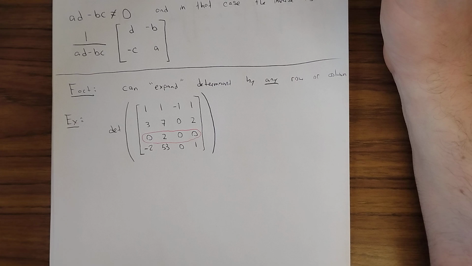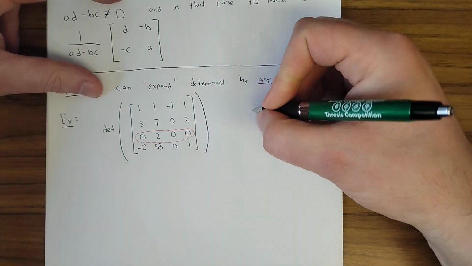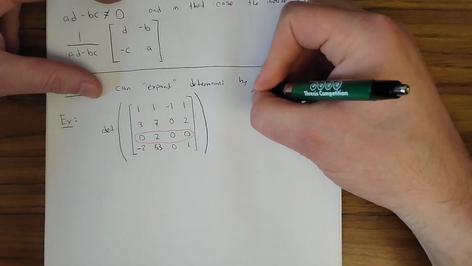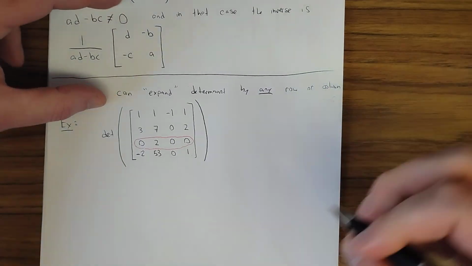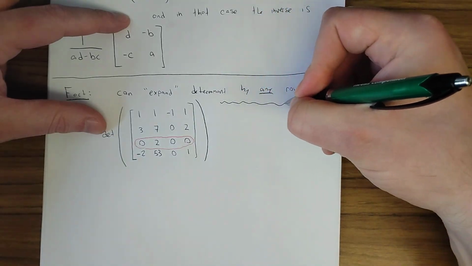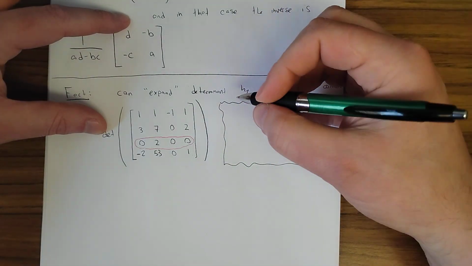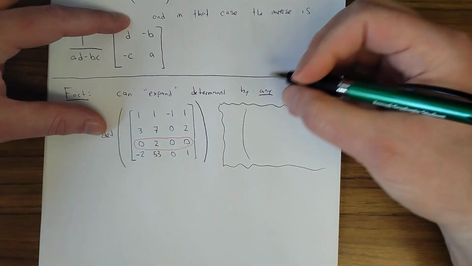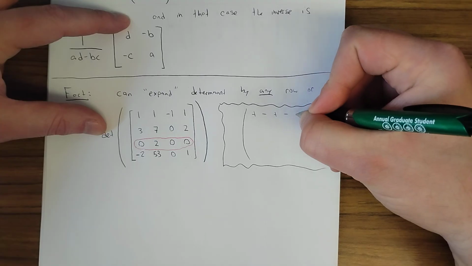One thing we have to be careful about is the plus minus pattern. What I remember is that there's a checkerboard pattern.